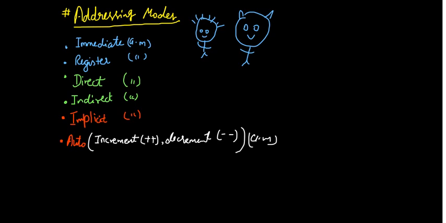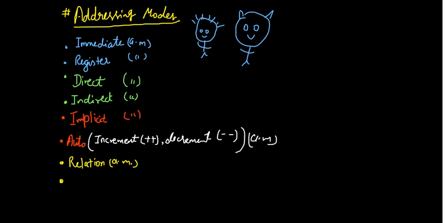And now the next one. Let's change the color again. This time let's take the yellow. So the next addressing mode is relative addressing mode. The next one, oh please, how many addressing modes are there?